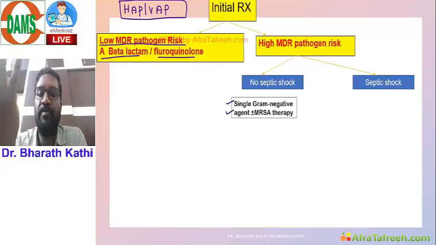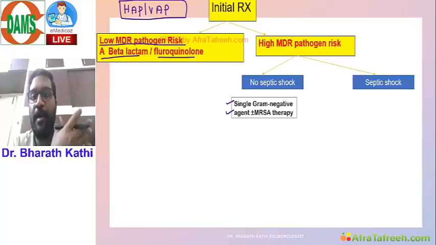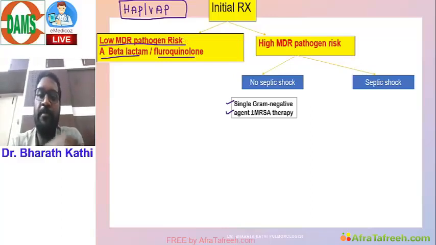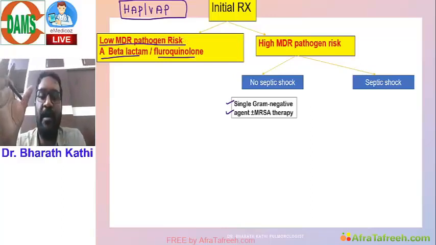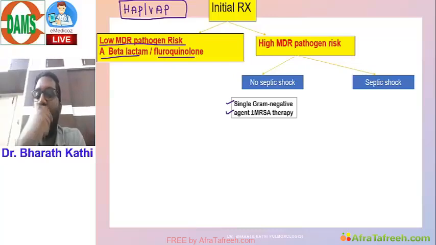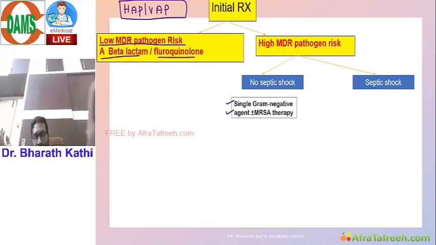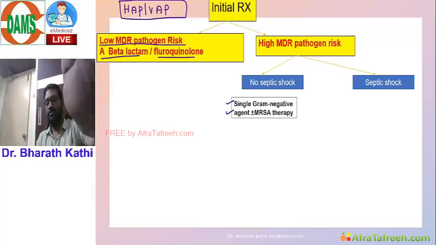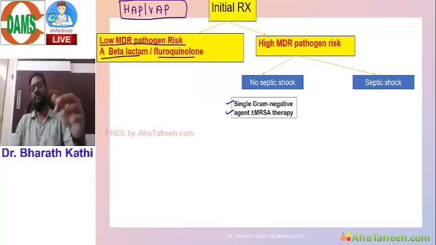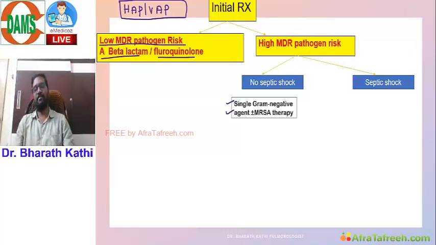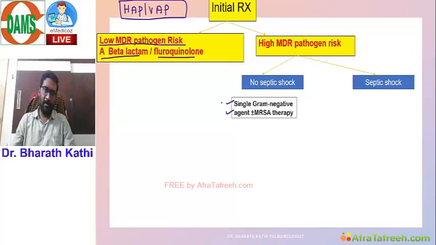The usual risk factors for MRSA, apart from IV antibiotics and dialysis, is the ICU: if in the last 1 year they have isolated MRSA. If the antibiogram is available and that ICU is notorious for MRSA, you should also add MRSA therapy. This is optional, but generally it will not be minus. If it is a high MDR risk, it will usually be plus only.